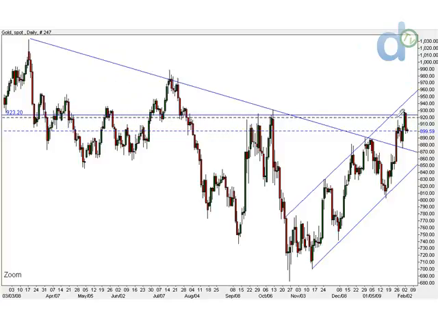I'm not so sure if I'll take any trades at the moment unless you're day trading. I would rather see how it's going to turn out. Obviously, if we break this whole area, this 920, 930, 940 area higher, we're talking about long positions. If we break lower, we're talking about short positions. We're at a critical turning point at the moment. We just have to keep a close eye.